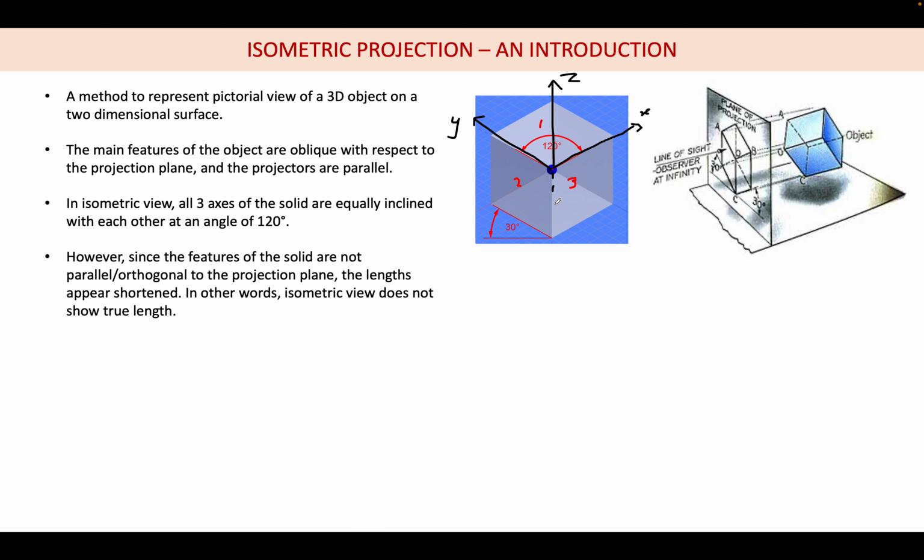So if you extend this, you can see that this angle is 120 degree, again this angle is also 120 degree, and this angle is also 120 degree. So all the axes are equally inclined with each other at an angle of 120 degree. But the features of the solid are not parallel or orthogonal to the projection plane, therefore the length is shortened.